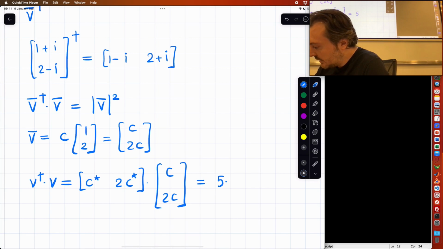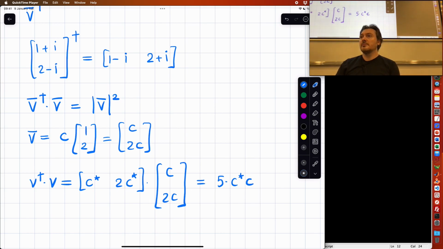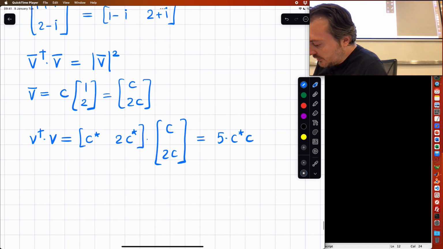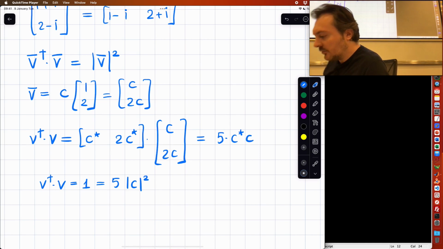We get 5 times C star C. C in general is a complex number, yes. So we will get another ambiguity here, but in this course, you will be allowed to do something. Let me come there. So if I want V dagger V to be 1, then what do I need? I need C squared to be 1 over 5.